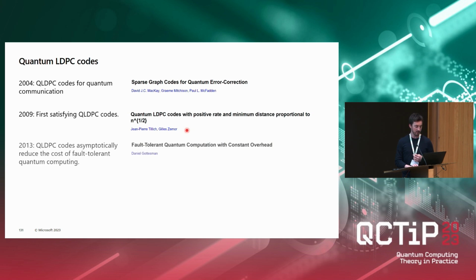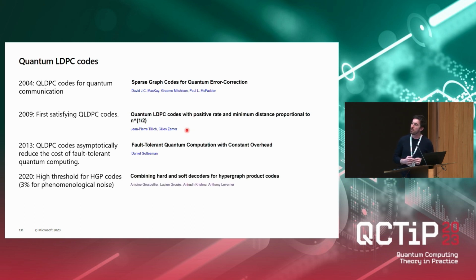But it's still not the end of the story. And they moved to the quantum computing setting with Gottesman, who showed that if we use these codes for quantum computing, we can, in principle, have constant overhead, constant space overhead, with a fault-tolerant quantum computer, which is very exciting.